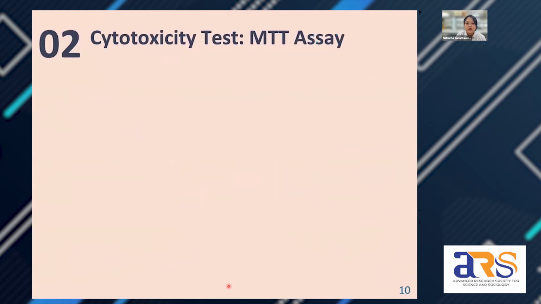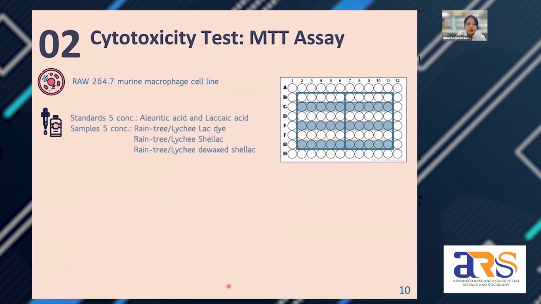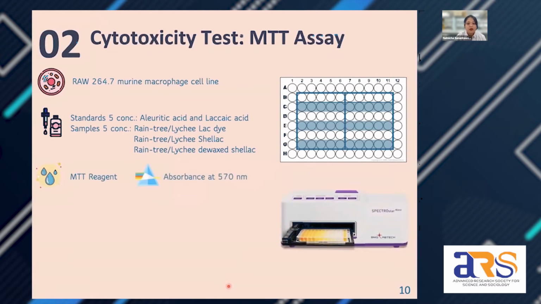For the cytotoxicity test, we use MTT assay. The RAW 264.7 macrophage cell line would be plated in a 96-well plate and treated with standards and samples. After 24 hours, MTT reagent was applied, and after 4 hours, the absorbance was measured at 570 nanometers by microplate reader. At the end, the percent cell viability would be calculated from this formula.